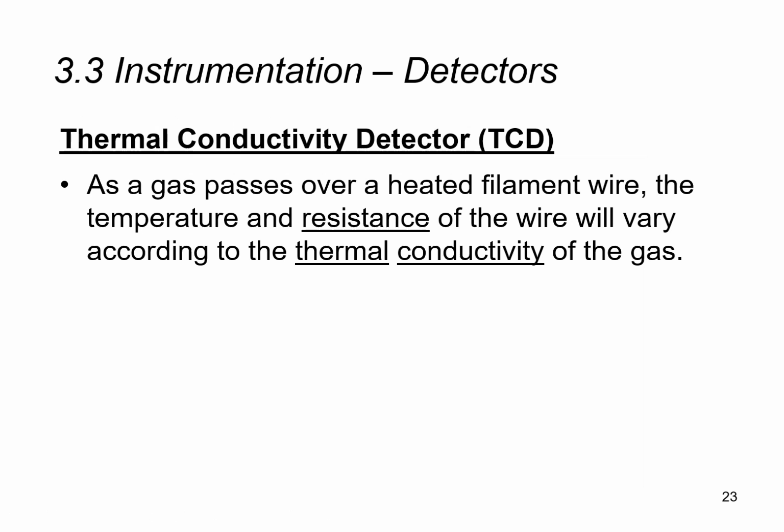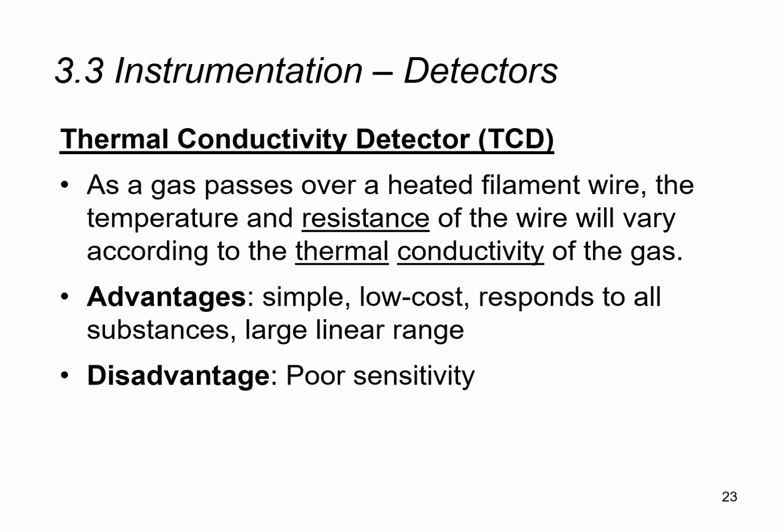So this verbalizes what we just described: as gas of different types pass over the chamber where the heated filament wire is present, the temperature and therefore the resistance of that wire will change, and this is how the detector tells us that a certain chemical component is passing through the chamber, and therefore that leads us to obtain a peak on the chromatogram.